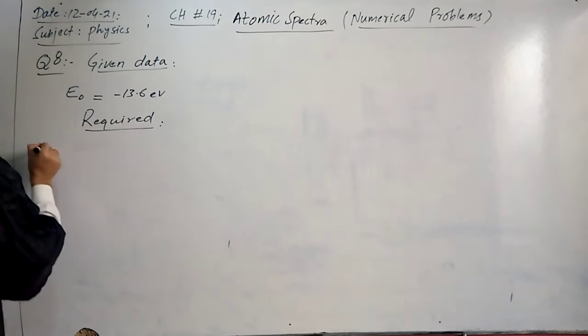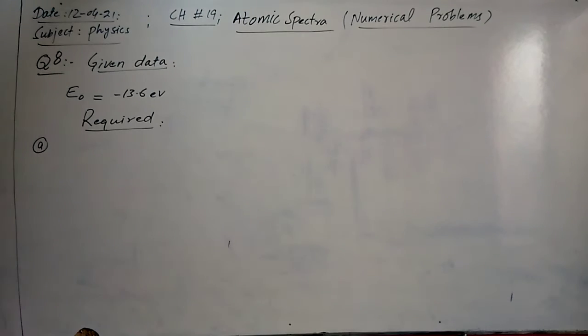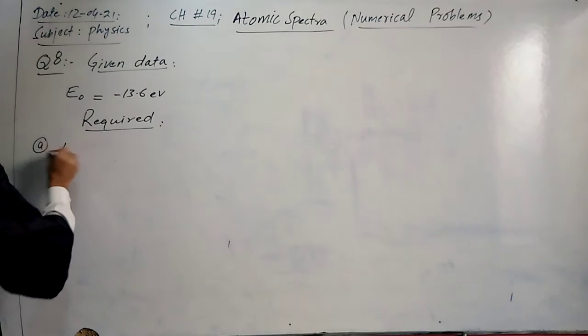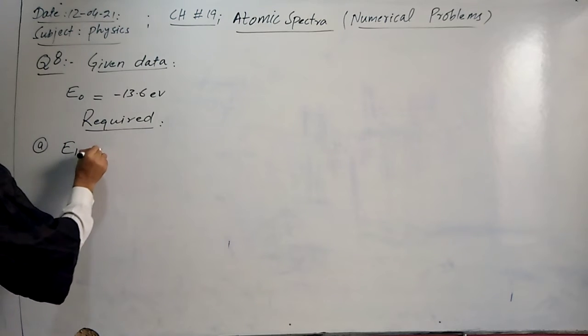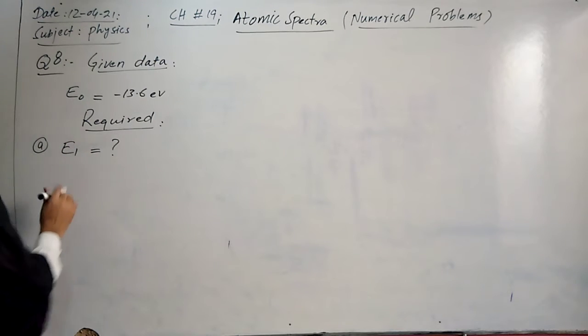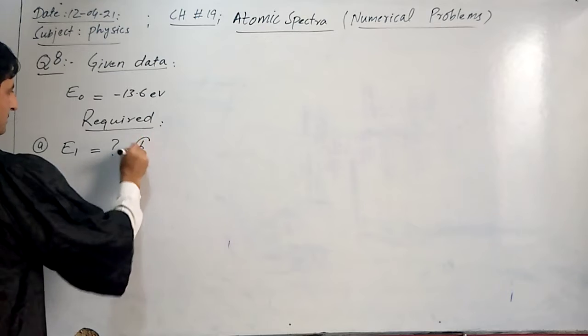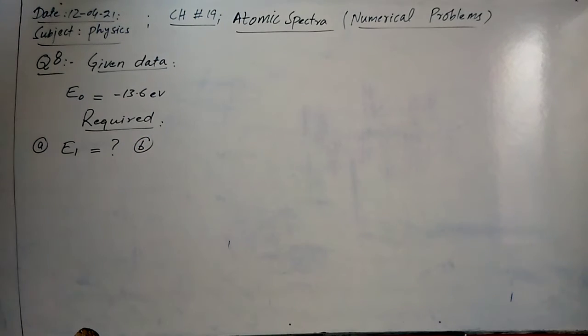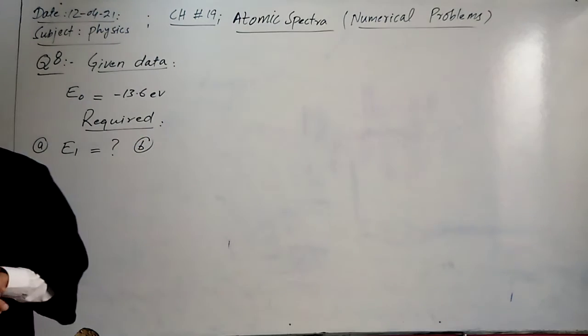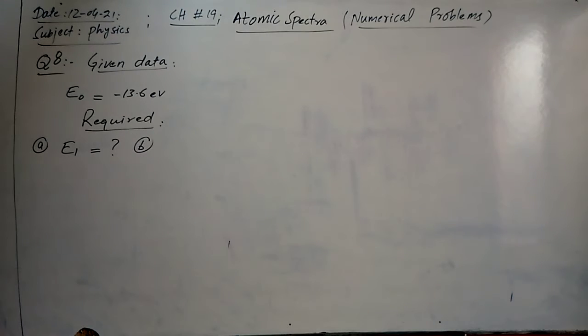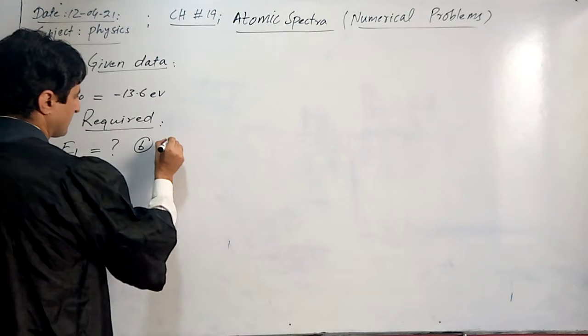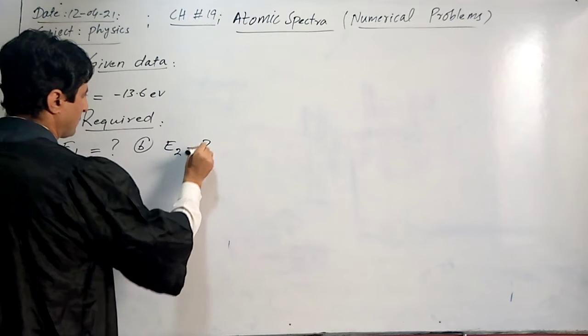Now we have to calculate three energies. In option A, we have to calculate the energy of the innermost orbit of hydrogen atom, represented by E1. In the second step, we have to calculate the energy associated with the second orbit of hydrogen atom, E2.